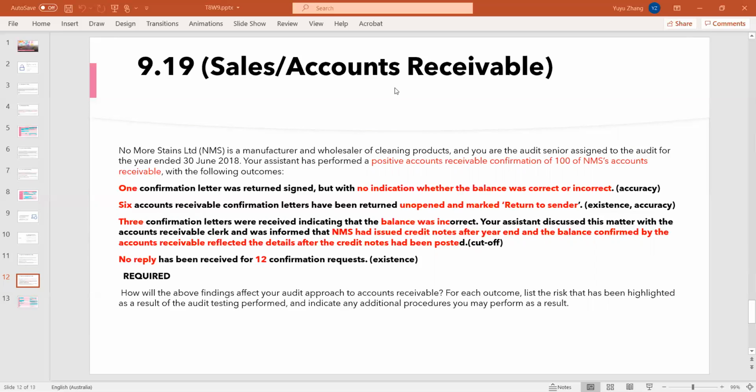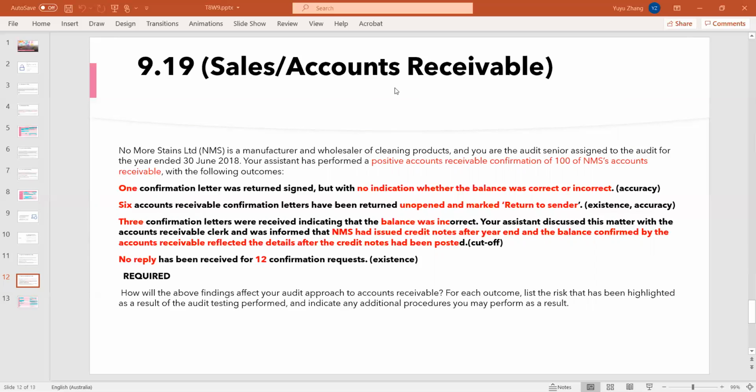So first, one confirmation letter was returned signed, but no indication whether the balance was correct or incorrect. So that means the replied confirmation letter doesn't give you enough information. So this might be about the accuracy assertion, right?